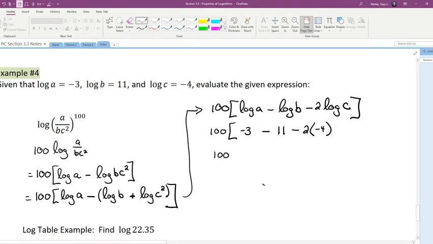So I get 100 times what? -14 plus 8, which is going to be 100 times -6, I think. So I get -600.